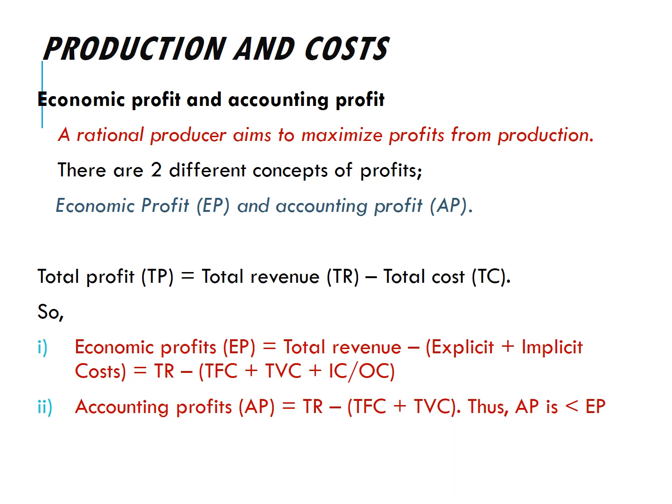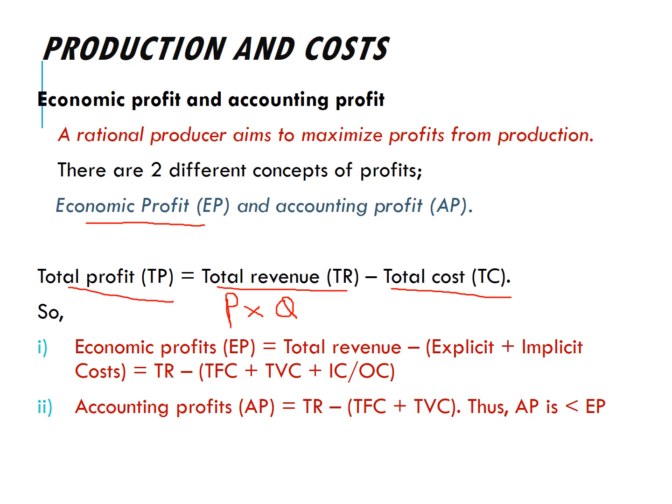Before that, let's look at how to calculate total profit. Total profit is the total revenue minus total cost. In the last chapter, elasticity, total revenue is P times Q. P is the price per unit. Q is the quantity, the number of products you sell. Let's say the price is 10 ringgit and you manage to sell 5 units.